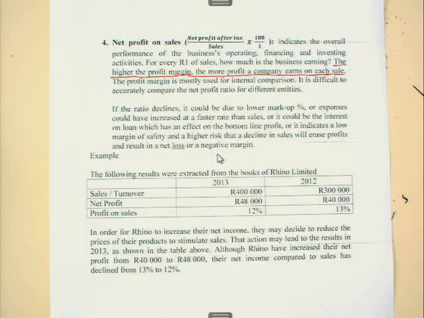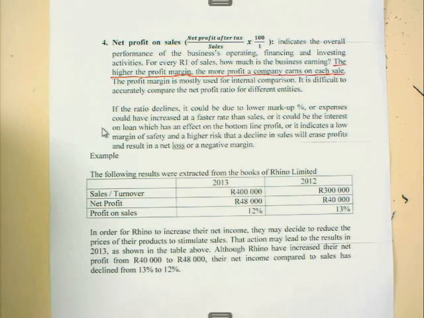If the ratio is declining when you compare the previous year and the current year, it could be because of the lower markup percentage, or expenses could have increased at a faster rate than sales, or it could be the interest on loan, which has an effect on the bottom line profit, or it indicates a low margin of safety and a higher risk that a decline in sales will erase profits and result in a net loss or a negative margin. Let us quickly go through it again.